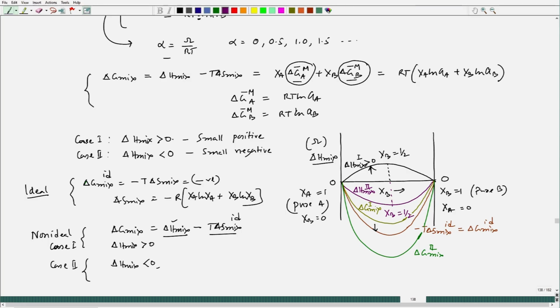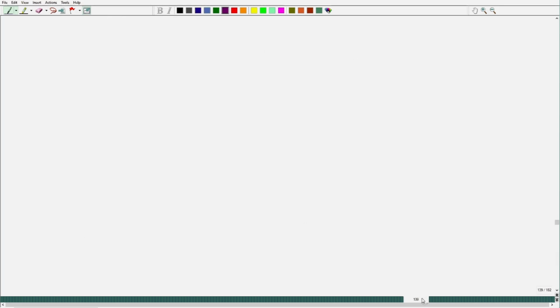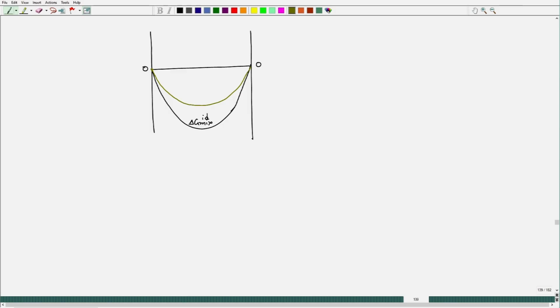Now, if I take only the Gibbs free energy for mixing term, leaving all the other plots, that plot would look like this. So, this is again 0 0, in case of ideal. So, this is delta G mix ideal, and the second one, H mix slightly positive, fine.